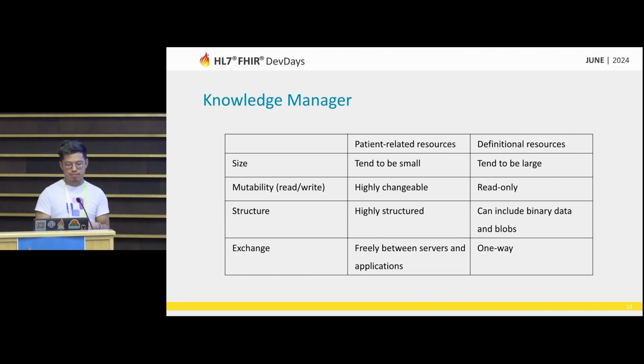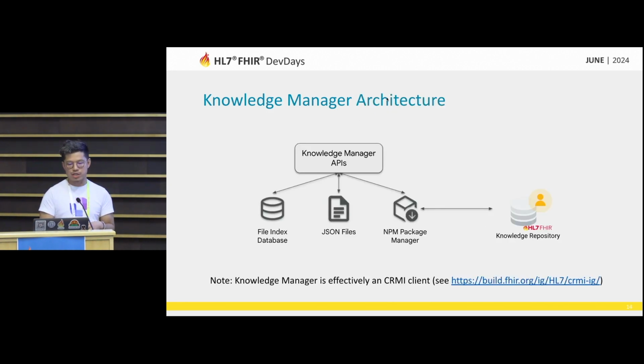So we have a separate library as knowledge manager to handle this data, so we don't store the same data in the patient FHIR store. It has 3 components. The NPM package manager downloads guidelines from the knowledge repository, and then we have a database index to index the clinical resources which are saved in file format.